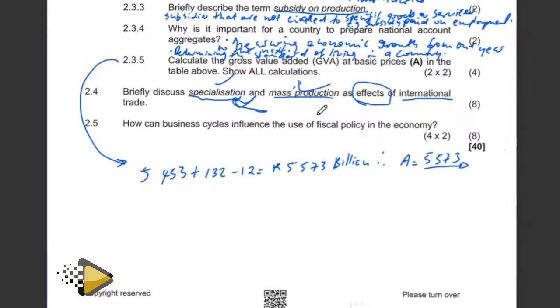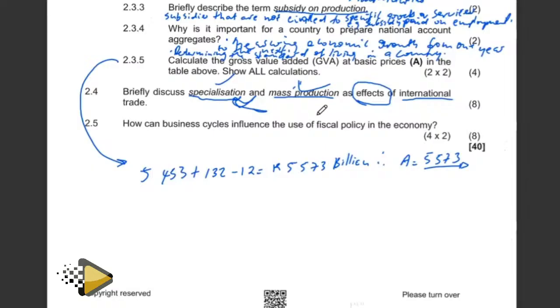So the moment it engages in efficient supply of goods and services to other countries, that is going to help the country gain what we call a competitive advantage in the production of goods and services compared to other countries.